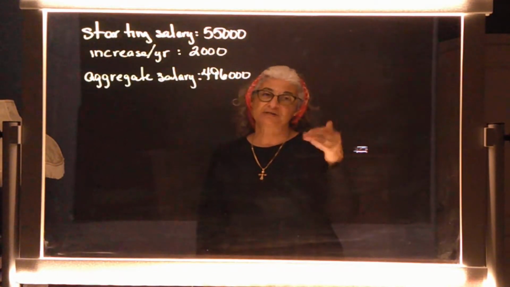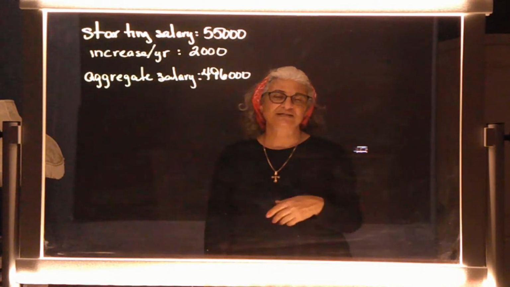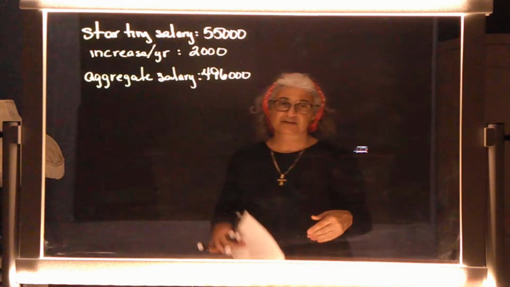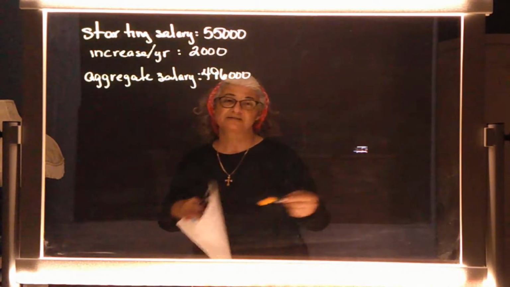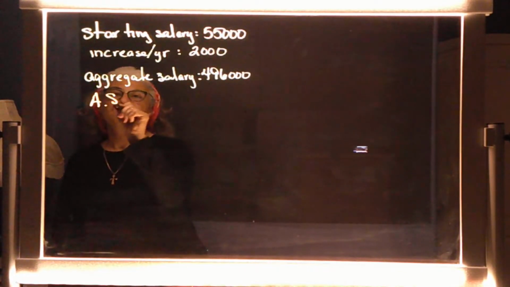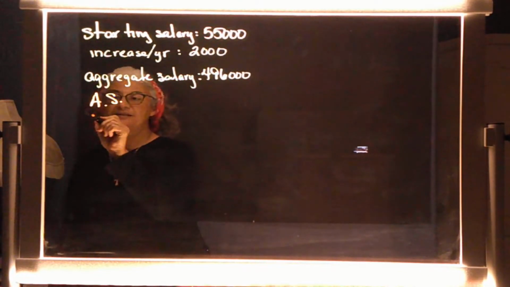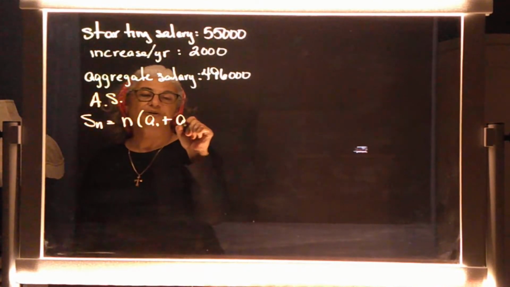So if it's increasing by 2,000, what operation are they using? Yeah, they're using addition. So this is clearly an arithmetic sequence, right? Okay, so since it's an arithmetic sequence, that means I know that the sum of this arithmetic sequence looks like this formula. Agreed?